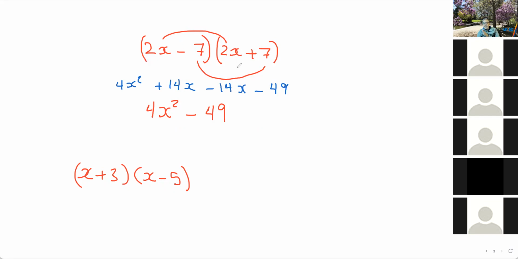But if the signs are different, we call this the difference of squares. So you see here that positive 14 minus 14 will cancel out all the time. And that's why you end up with this answer right here, which you could take a shortcut to when you have that kind of situation: just go first times first and then last times last. And that's all you need to do. Clear?